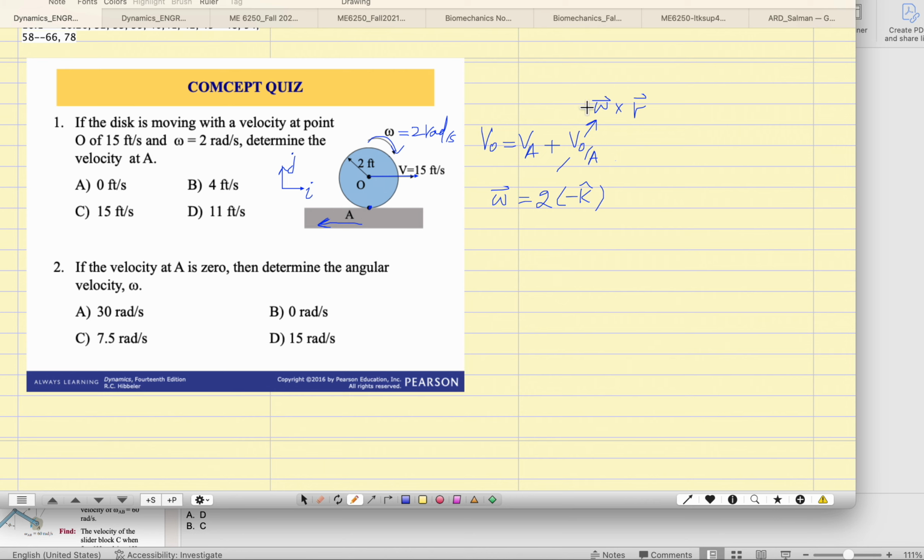And R, O from A, is parallel to the J unit vector, directing towards O from position A, which is perpendicular to that plate. So can I write it as 2J?